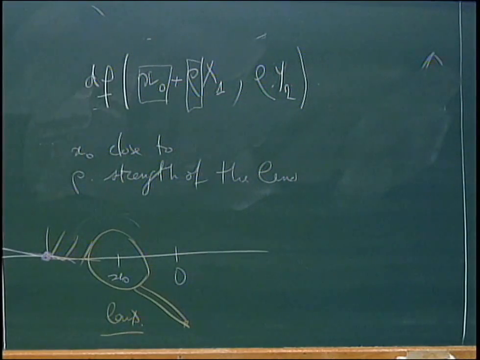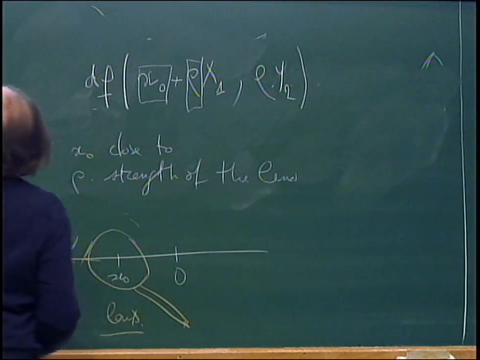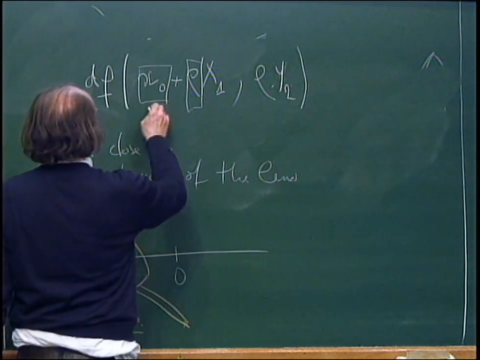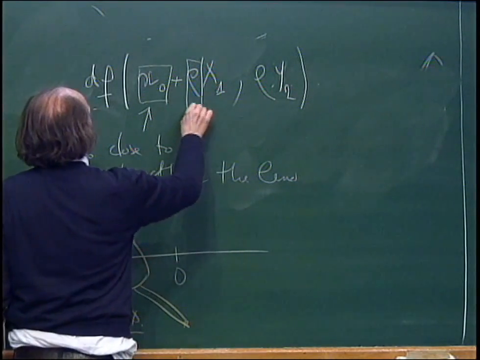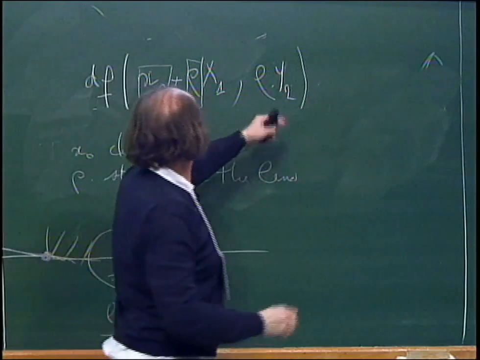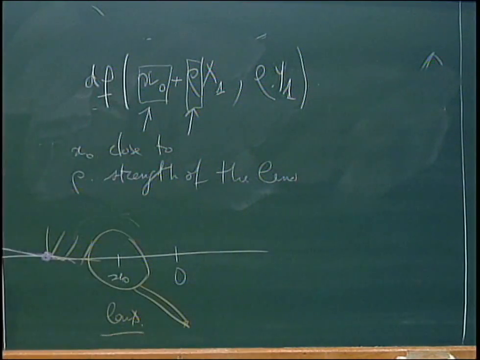And then what I need to do is to have a Newton cloud and a Newton polygon, but in these new variables, x0 and rho, and x1 and y1 are just in the coefficient of this polygon.